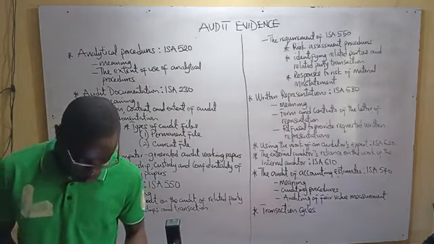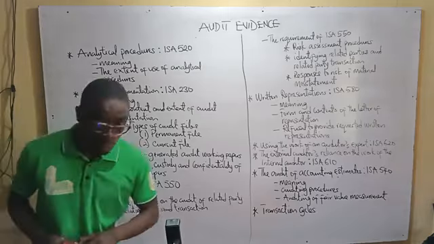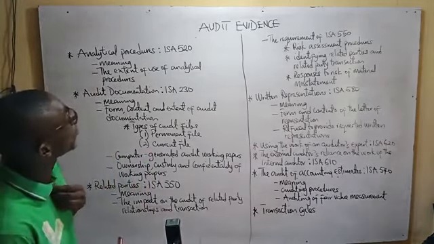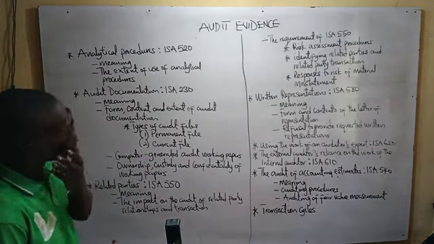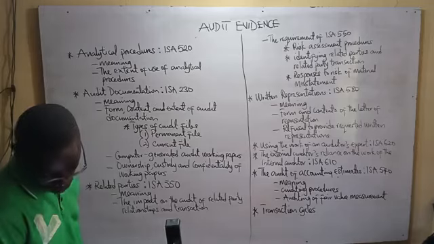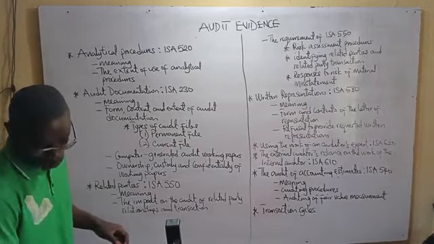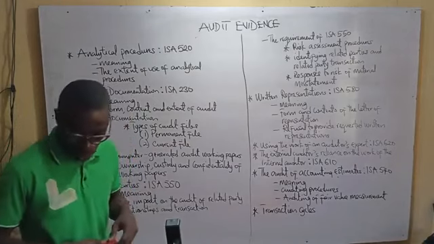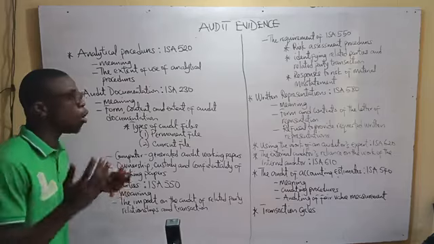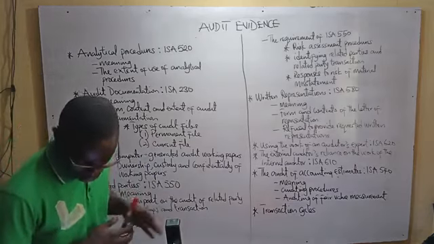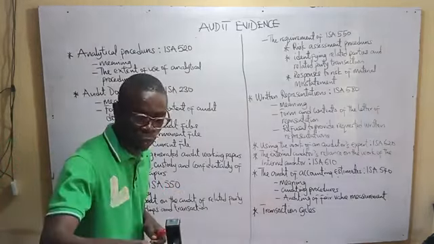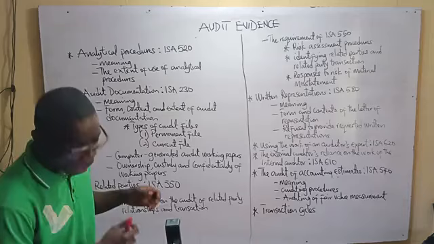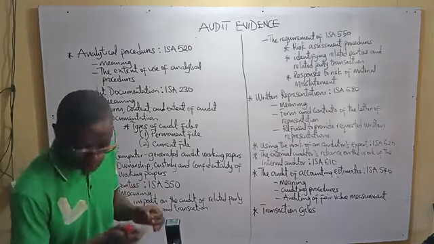What do you mean by analytical procedure? It is defined according to International Standard on Audit 520 as an evaluation of financial information through analysis of relationships among financial and non-financial data.